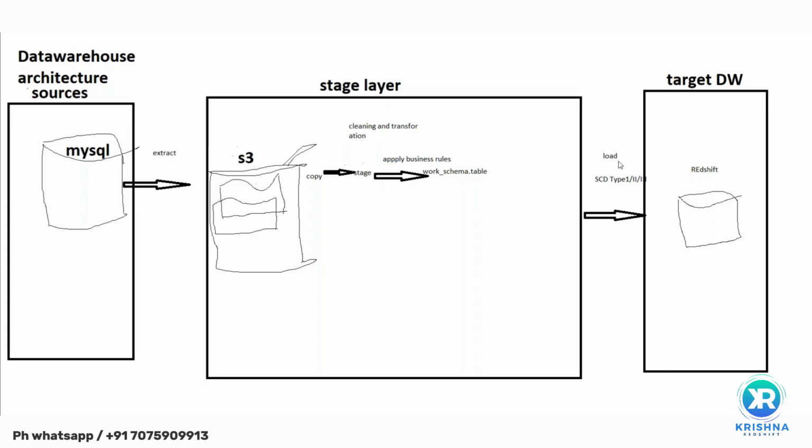While loading from work to target, you will use SCDs. Finally, you are loading data into Redshift. What is Redshift? Redshift is a warehouse. This is the data warehouse architecture, or ETL architecture.